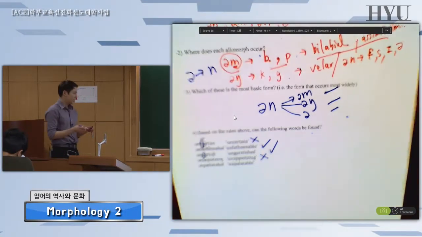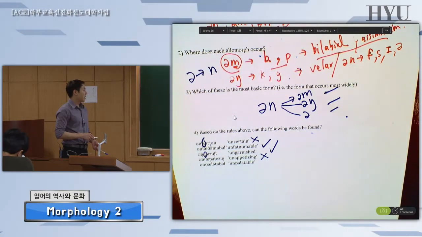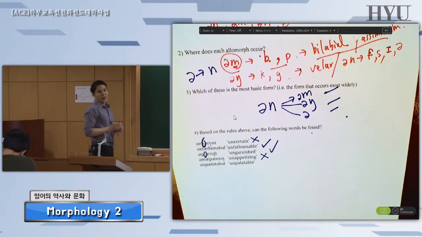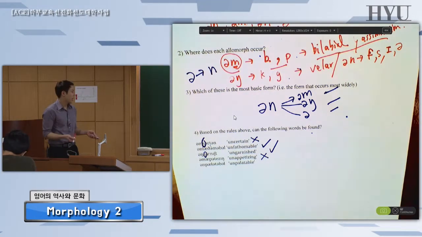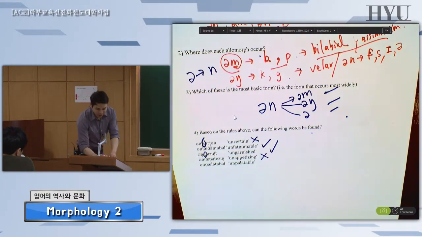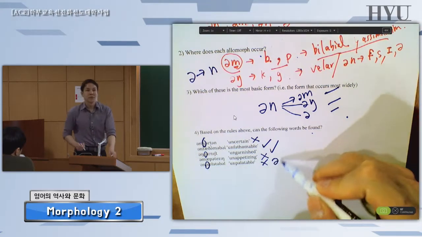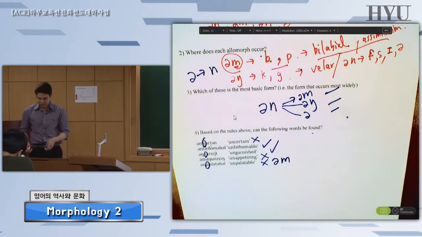Unappetizing. Last one, unpalatable, meaning that it's not delicious or you cannot stand it. Okay? It's bland like that. The taste is bland. So unpalatable, not likely, because P is a bilabial, so it should be like that. Okay?